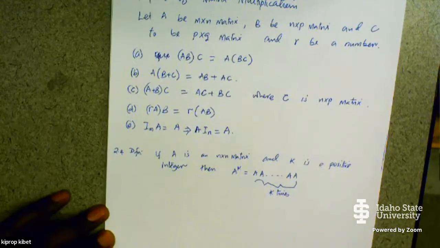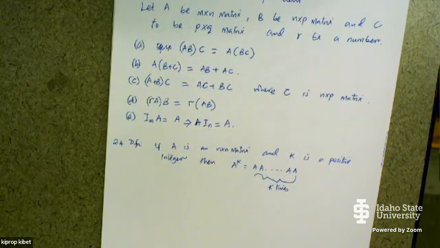So you can actually multiply A raised to K, which is the same as multiplying those matrices K times.